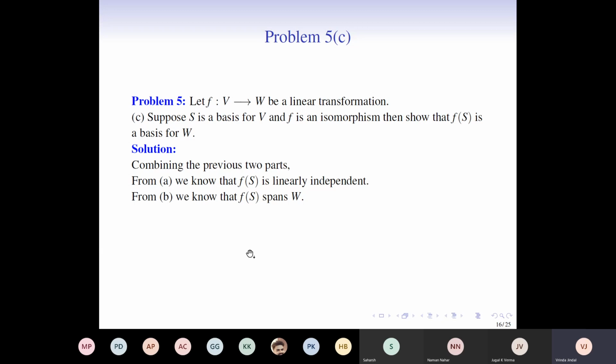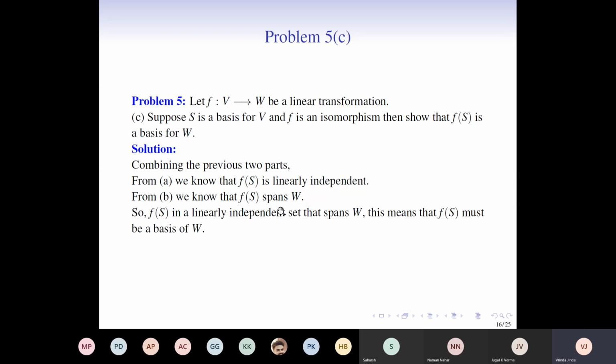Problem B said that if f is onto and s spans V, then f of s would span W. And since s is a basis of V, it necessarily spans V. So f of s spans W. So now what do we get? f of s is a linearly independent set that spans W. So this means that f of s must be a basis of W, and that is what we had to prove.